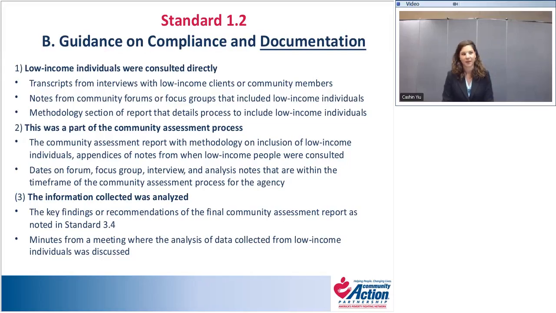Another option is minutes, whether that's with your needs assessment committee or your staff team or a committee of the board, or maybe the analysis happened at the board level. Having minutes to back up that that conversation happened, that there was analysis of this data, could be used for documentation for the standard as well.